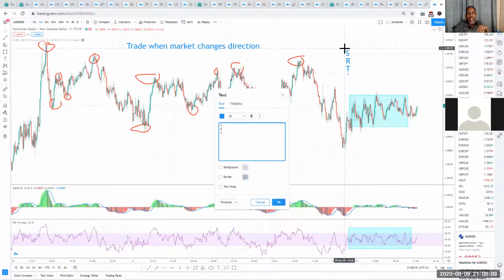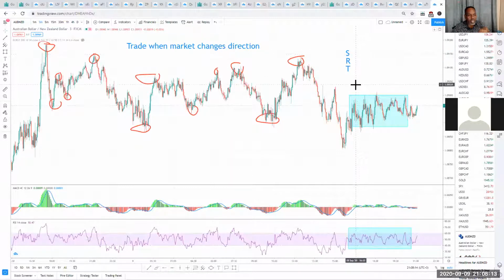S stands for support. This is a common thing that we know in trading. SRTs: support and resistance. Thank you, Douglas Bega, for writing it on the chat.